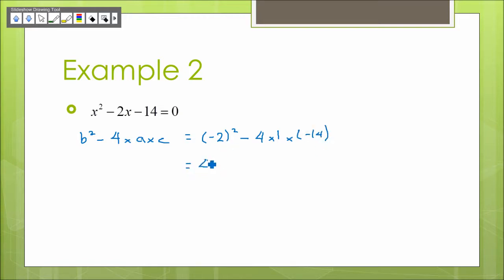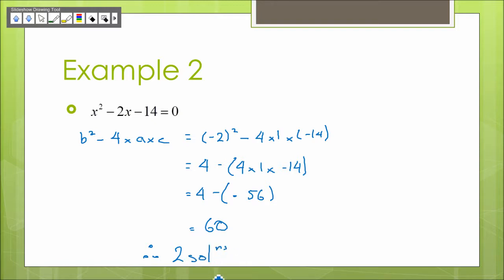This becomes 4 minus 4 times 1 times minus 14, which is 4 take away negative 56, or 60. Now again, because this answer is positive, or greater than 0, there are 2 solutions to this problem.